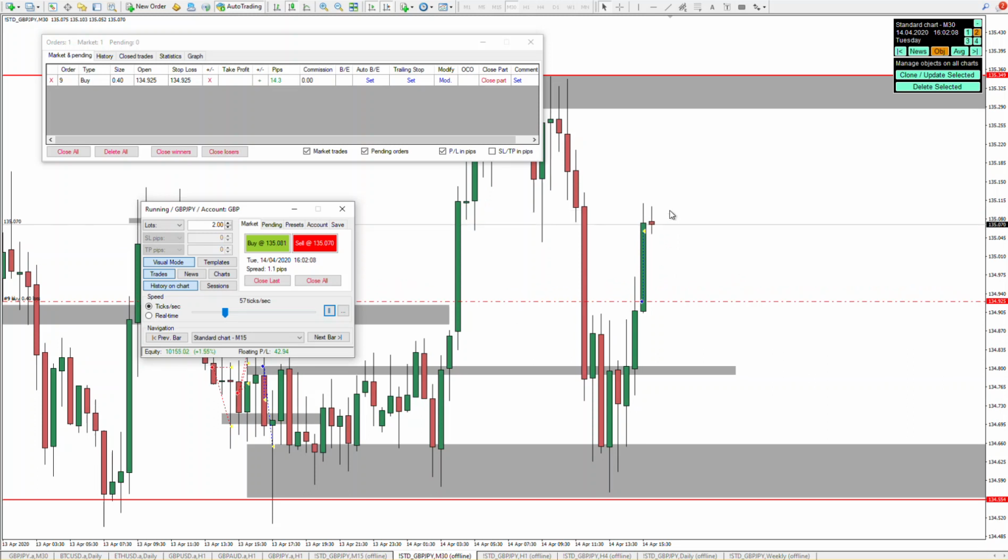Next candle should go up with higher low, higher high. Hope they don't take us out again. But this should be quite safe. And the stop to this low, to the bottom of the candle.